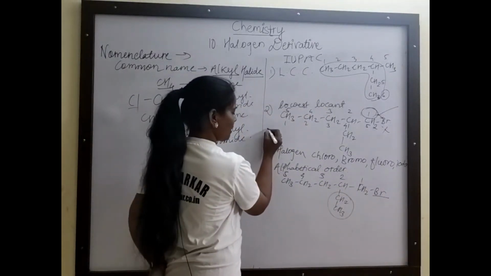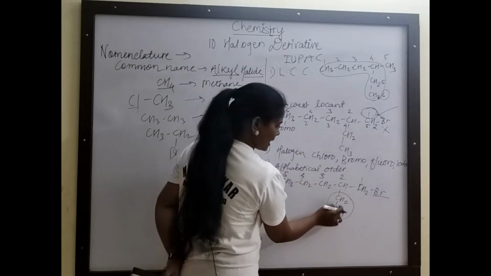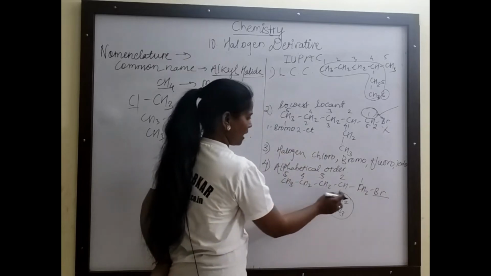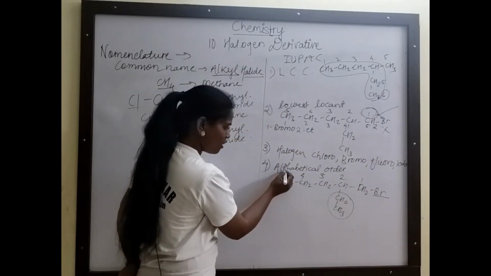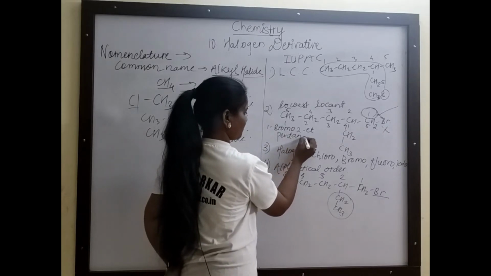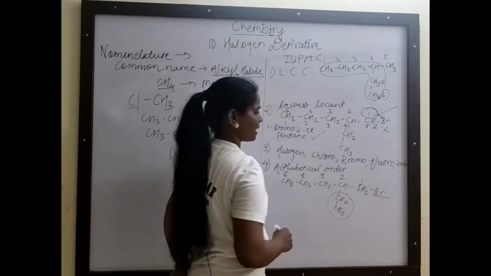So what will be the name? 1-bromo. The second carbon atom contains ethyl, 2-ethyl, and how many total carbon atoms are there? 5. So the root word for this one is pentane. 1-bromo, 2-ethyl, pentane is the correct name.